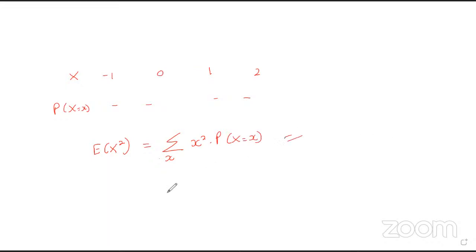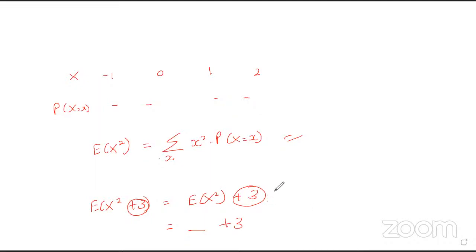You can compute this value, but you need to find the expected value of x squared plus 3. By the property of expectation, adding a constant, you can take it outside the expected value. It would be simply this plus 3.